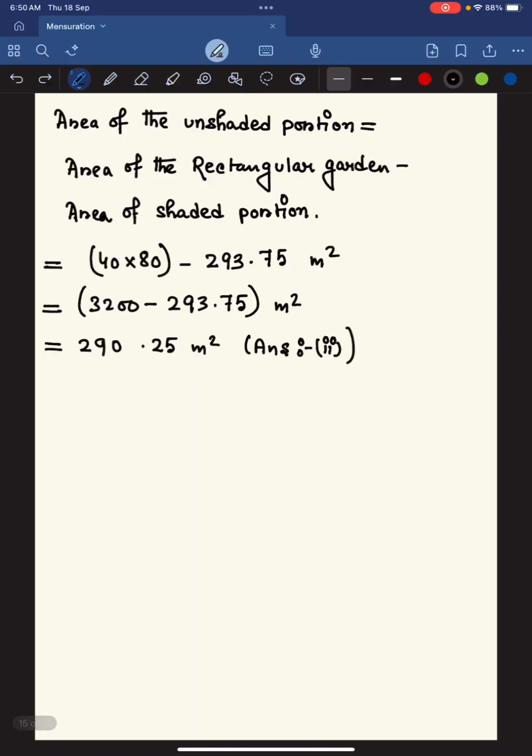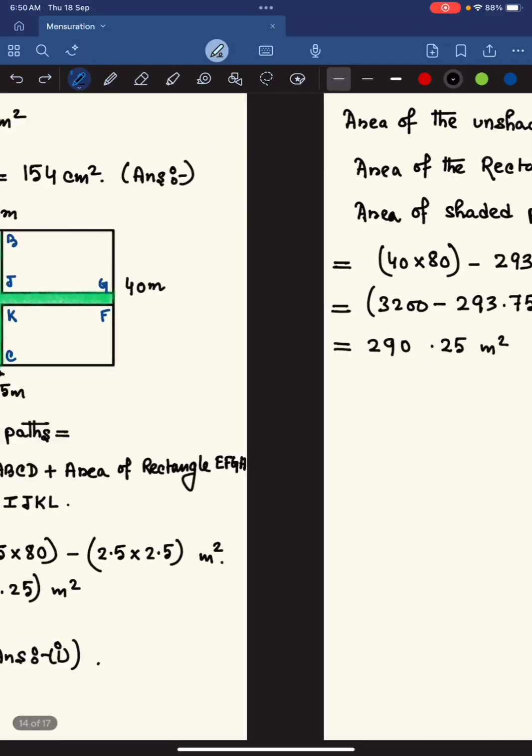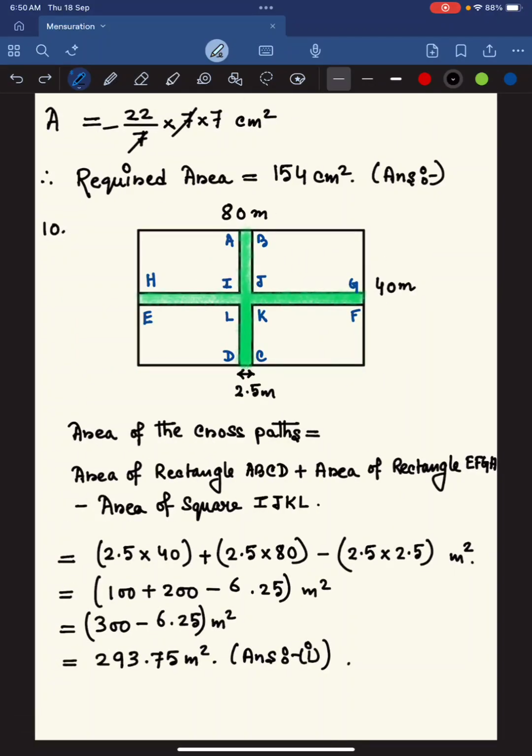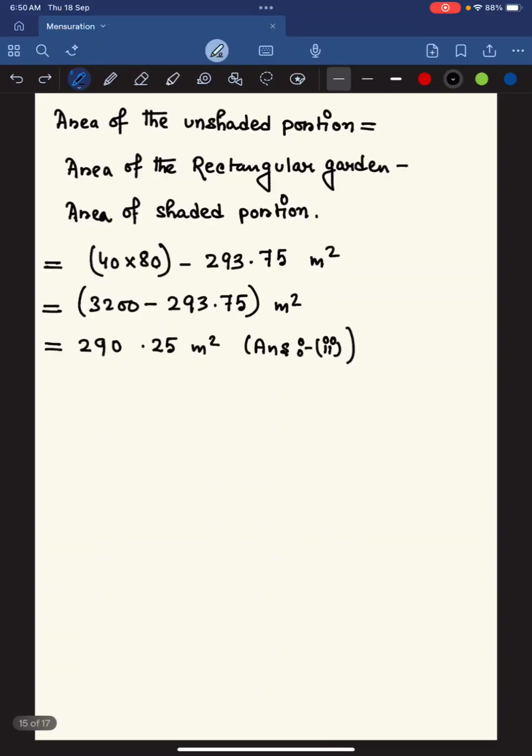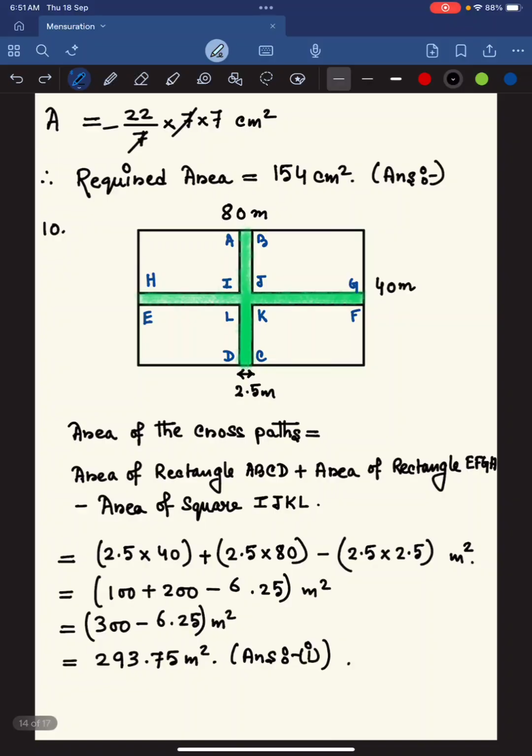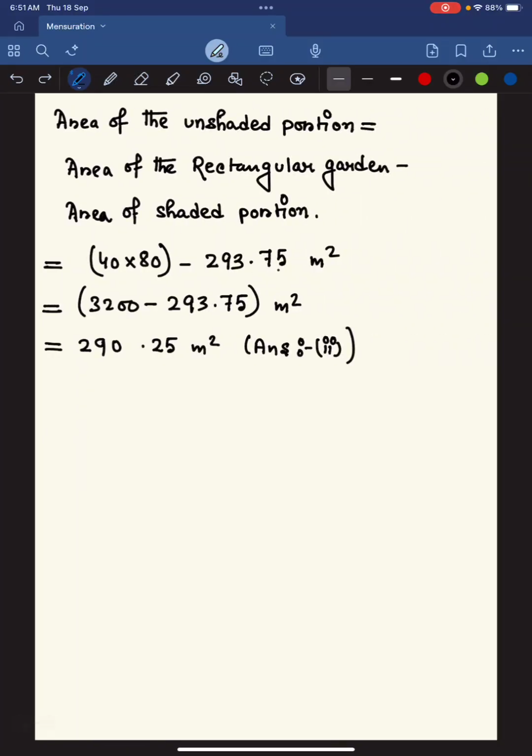Area of unshaded portion equals area of the rectangular garden minus area of shaded portion, which equals length into breadth, that is 80 into 40 meters square, minus the area of the shaded portion we have already got as 293.75 meters square, which equals 3200 minus 293.75, which is 2906.25 meters square. Understood? So this will be our answer.